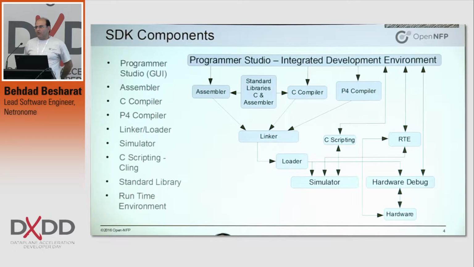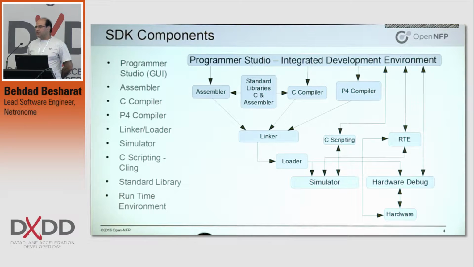So, the SDK components. The front end, what you see, is the IDE called Program Studio. It includes the tools for building your program, such as assembler, C compiler, P4 compiler, linker and loader. It also supports C scripting through the command line. So you can run a C script even while your application is running.